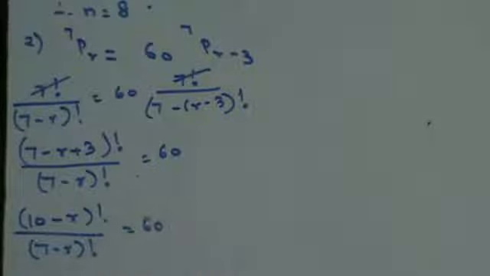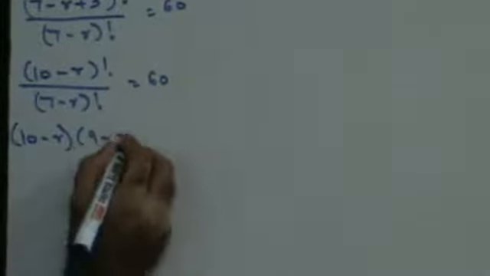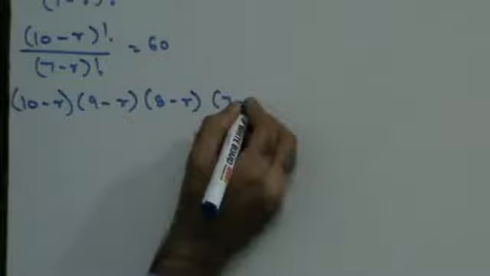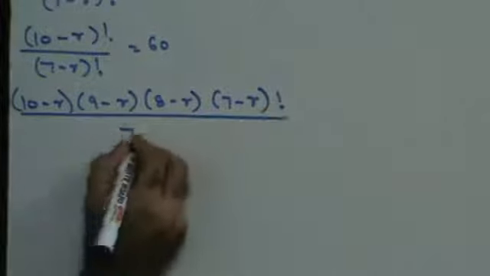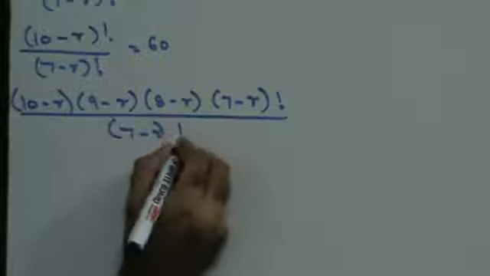I just explained to you how to solve factorial. To solve factorial, you go on reducing consecutive terms by 1. So this will be 10 minus r, 9 minus r reduced by 1, 8 minus r reduced by 1, 7 minus r factorial upon 7 minus r factorial.